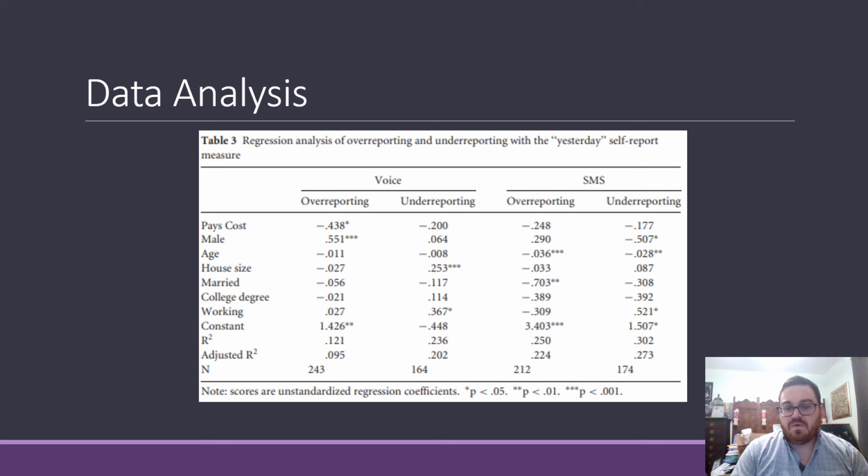First, they used the control of whether or not the person pays the cost of their cell phone themselves versus people that are on somebody else's plan, as a means to help reduce the likelihood that there would be an inherent bias towards underreporting if you are using somebody else's money to pay for your plan.